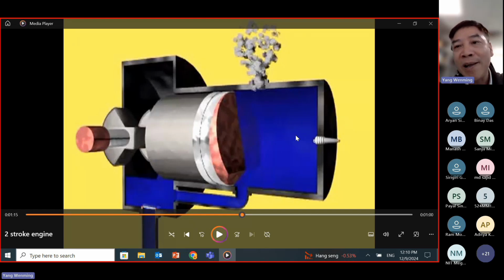That's why for marine transportation, two-stroke engines are usually employed for ships, and also for motorcycles. Basically, two-stroke engines are employed because theoretically this kind of engine is able to produce double the power.